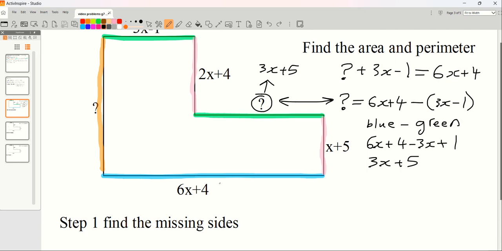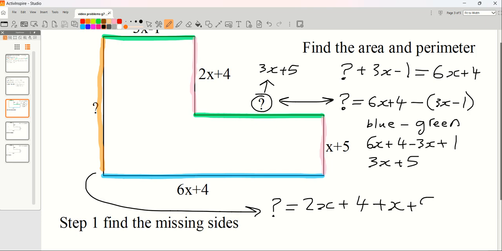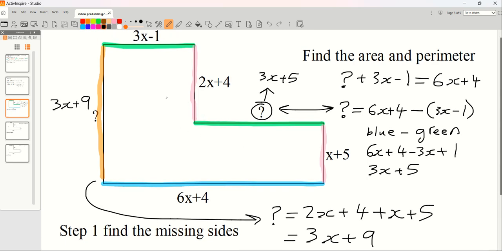So the question mark right here will be equal to 2x plus 4, which is this pink side right here, plus this pink side right here, which is x plus 5. Now what we receive is 3x plus 9. So this orange side is equal to 3x plus 9. And that is it in regards to this calculation.